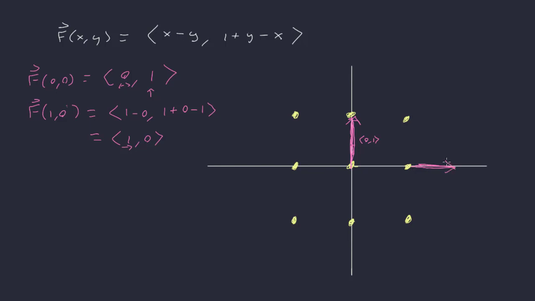So it will look something like this. All right, then when we plug in 1, 1, well, 1 and 1 here for x and y will give us 0. And then 1 and 1 here gives us 0 again, but with the plus 1. So now we have the vector 0, 1. So it goes left and right 0, but up 1.